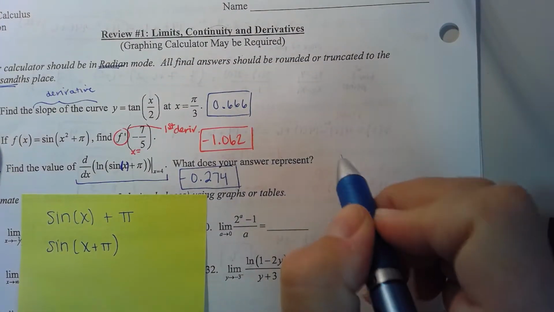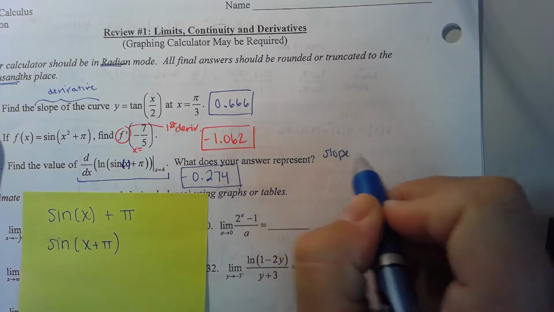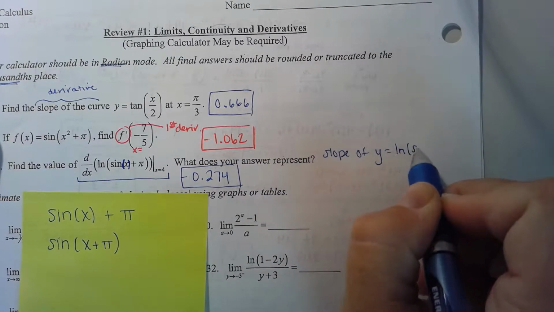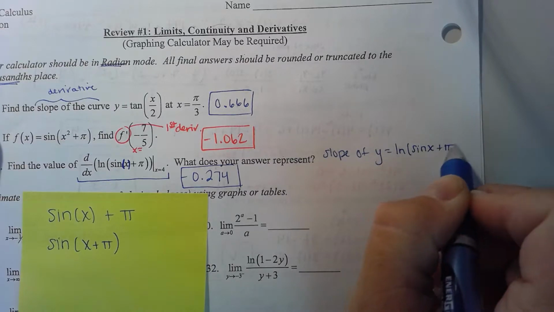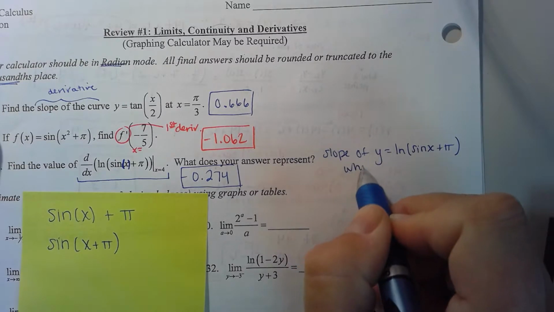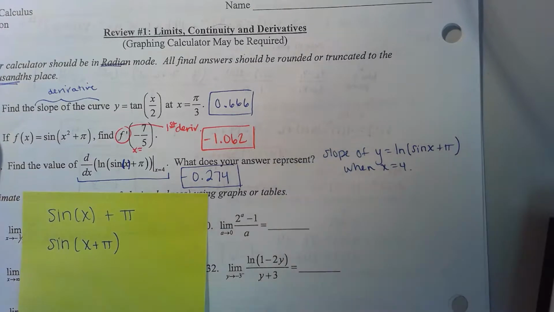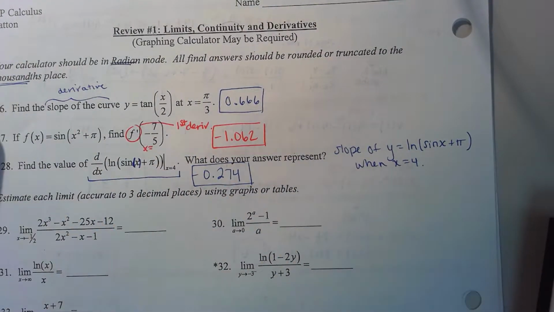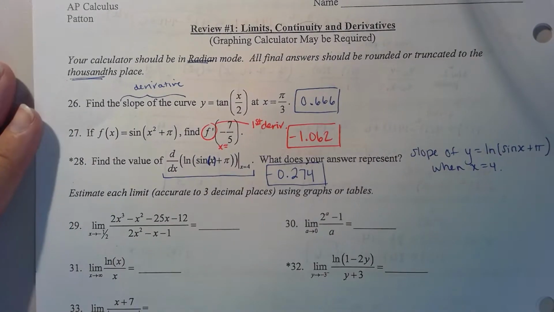So we just found the slope of the graph y equals the natural log of the sine of x plus pi when x equals 4. Or we could say we found the slope of the tangent line to the graph of that function there.